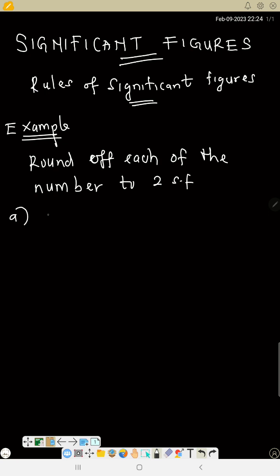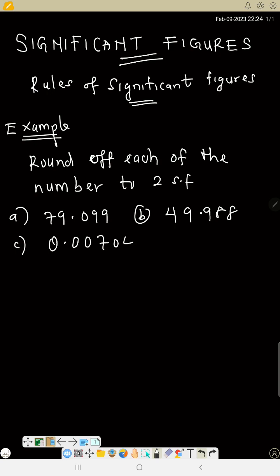A, 79.099. B, 49.988. C, 0.00704. So now let's do this.